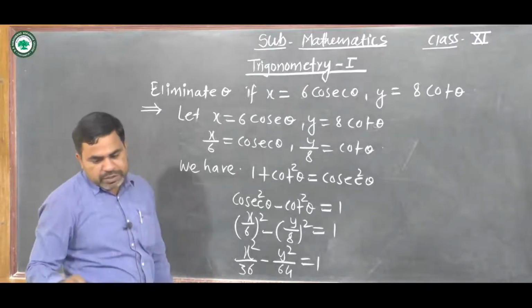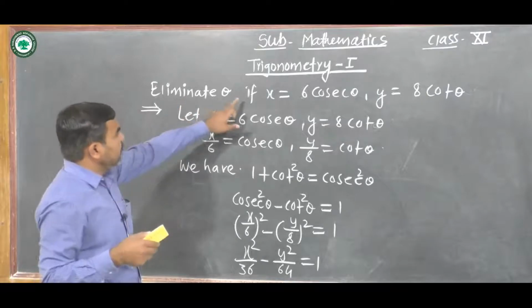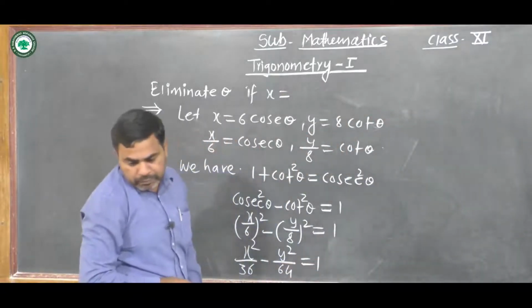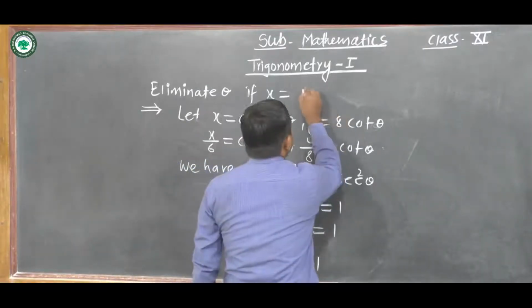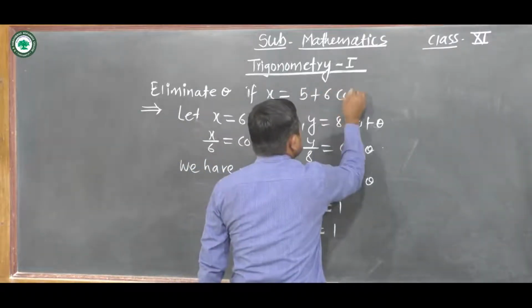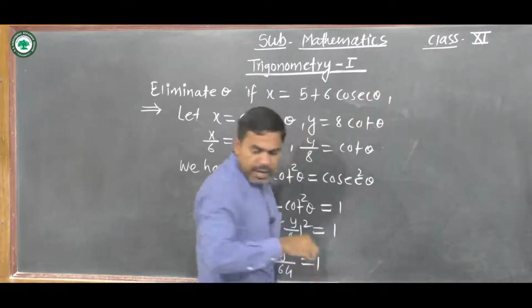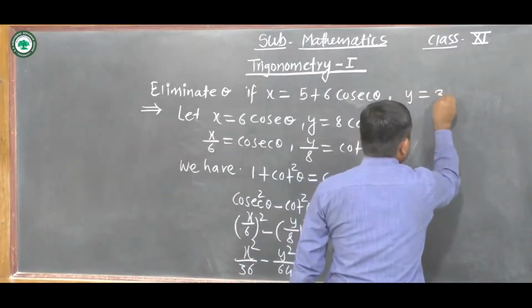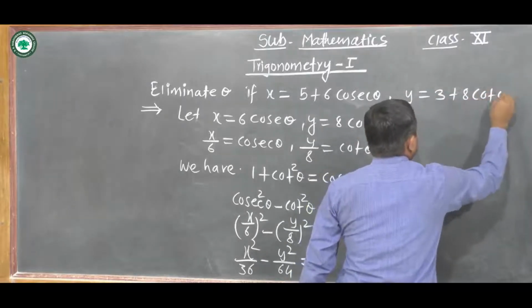Now the third sub question: eliminate theta if x is equal to 5 plus 6 cosec theta and y is equal to 3 plus 8 cot theta.